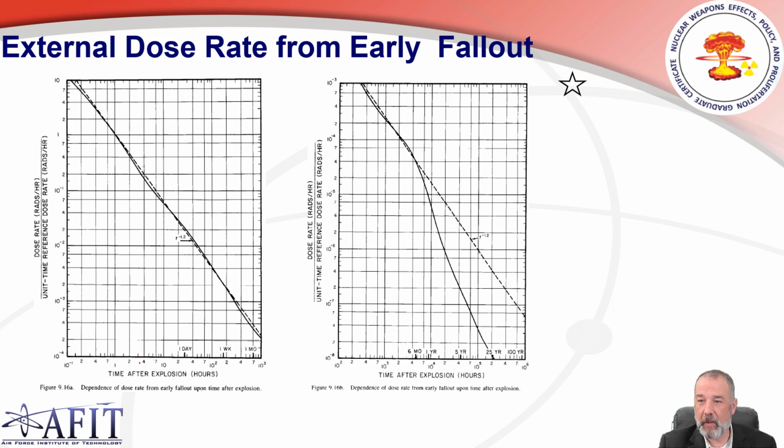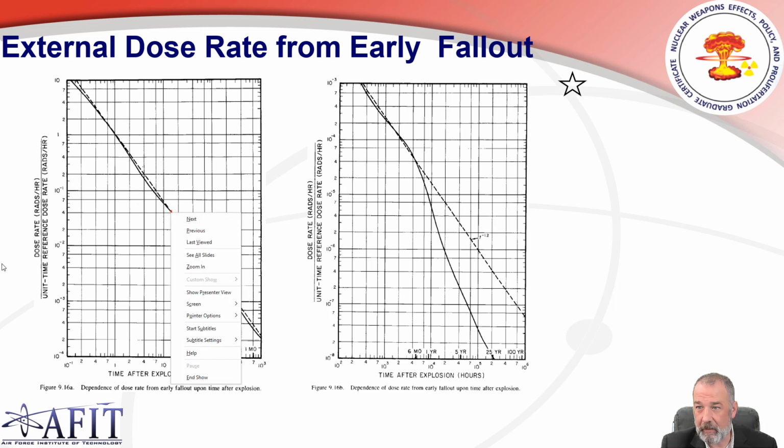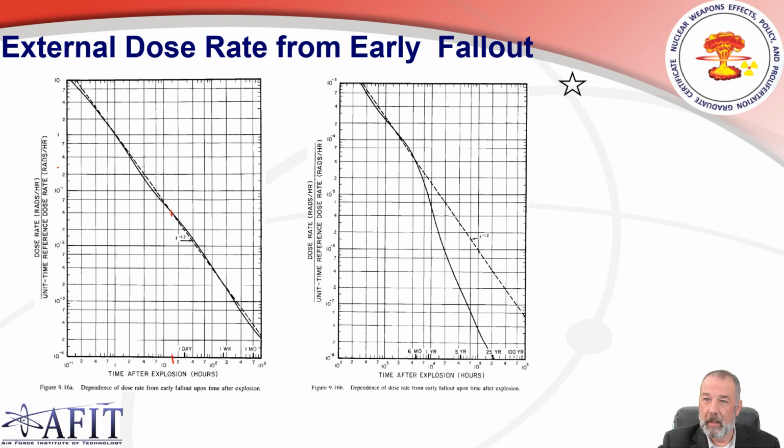So we're going to look at time after explosion, which is going to be at 15 hours. So we've got 10, 20, so 15 is right here. We come up and see where that intersects, about right here.